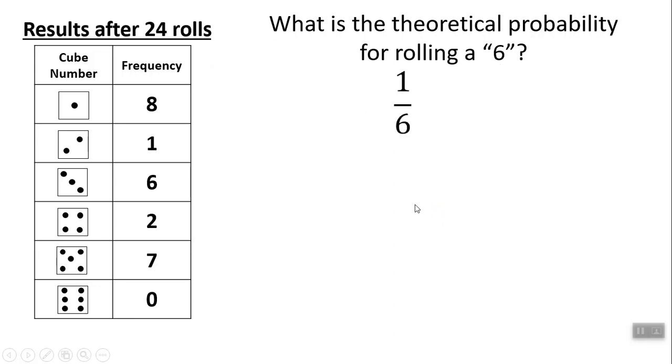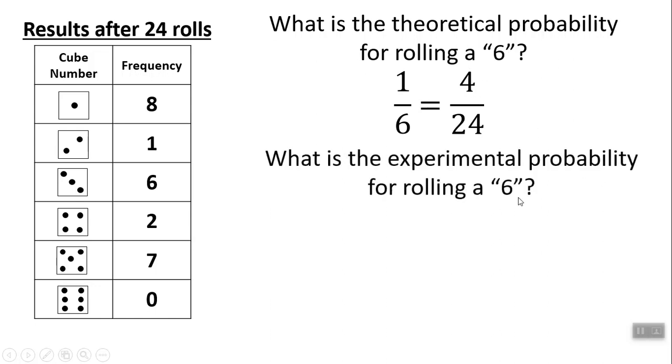Well, we're going to go ahead and do a 1 in 6 chance. And then you're going to say blank out of 24, which is 4 out of 24. So either of these would be a correct answer, 1 out of 6 or 4 out of 24. Since they're asking for probability, they're probably going to want you to give it in lowest terms. So the theoretical amount of times that each should happen would be 4.